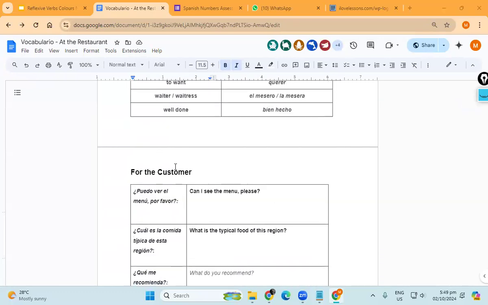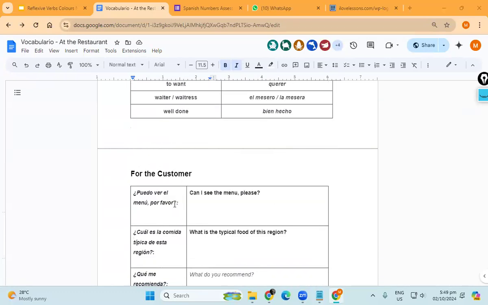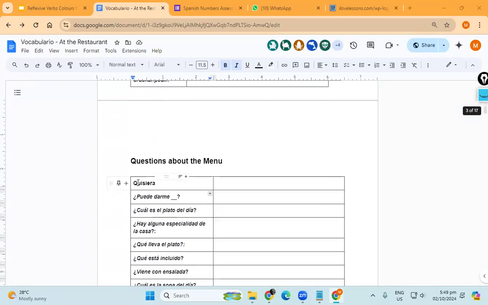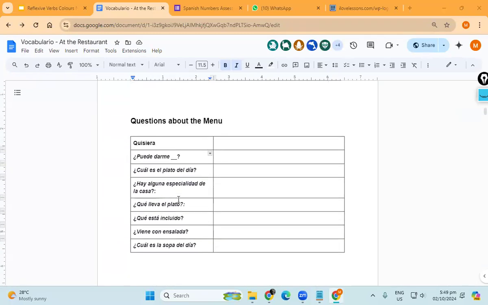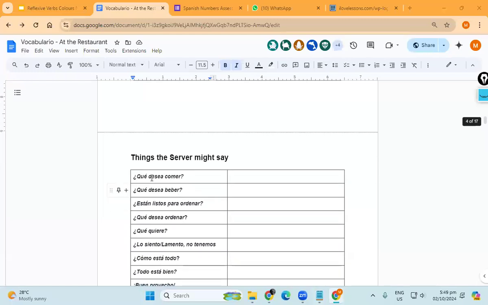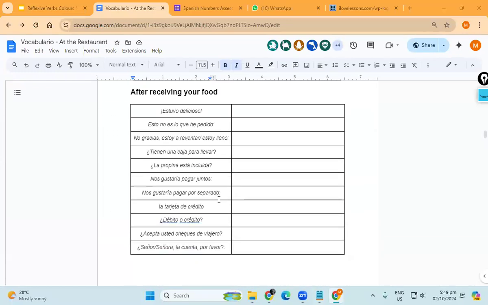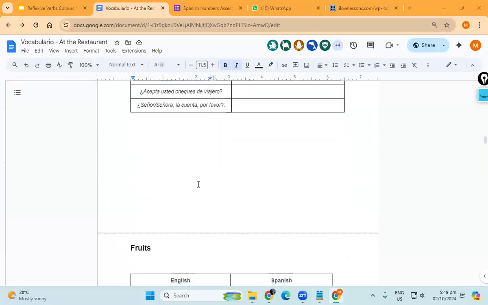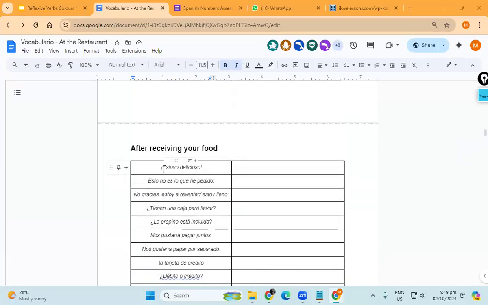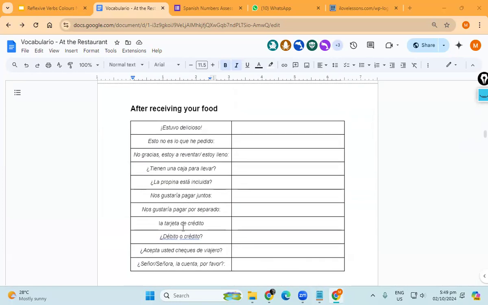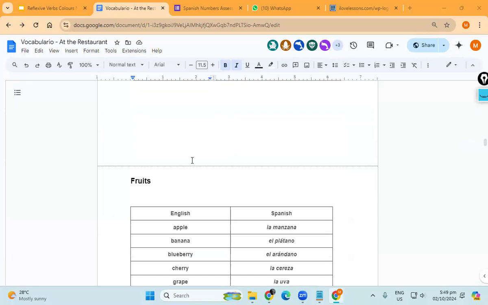So this page is for the customer, things that the customer might say. This page is questions about the menu, questions you might ask about the menu, right? This page is things the server might say. And then these are things we might say after receiving the food, from, it was delicious, to how you would like to pay, right? Or questions about the tip.